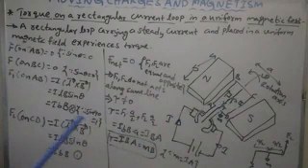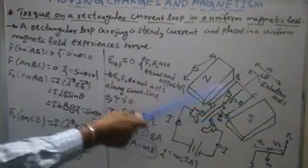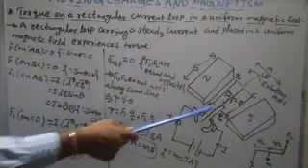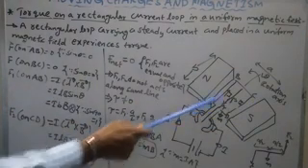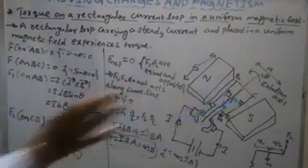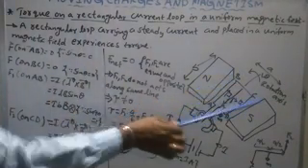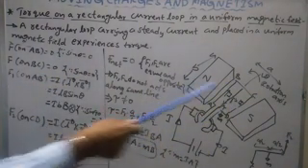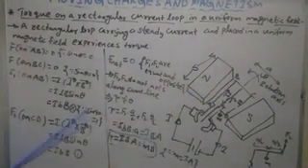In the first case we are discussing, the plane of the coil is placed parallel to the magnetic field. Here ABCD is a rectangular coil. On AB what is the force? On BC what is the force? On CD what is the force? On DA what is the force? Current is flowing in AB, BC, CD and DA.